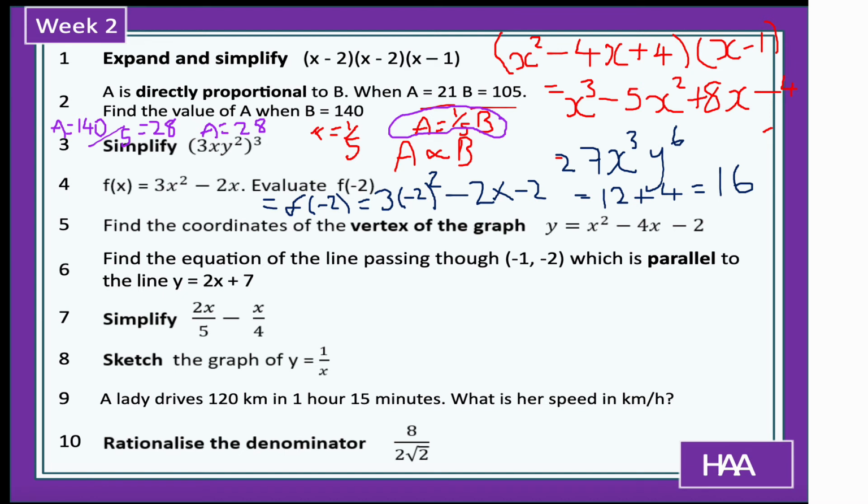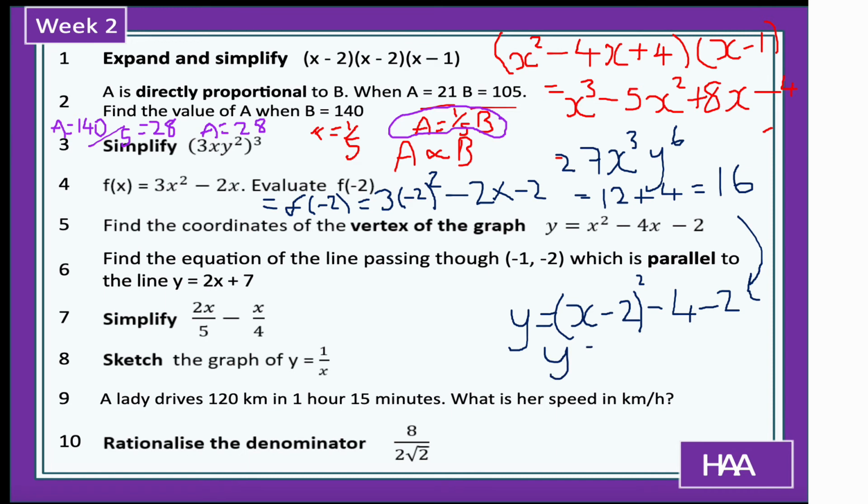This is question number 5. Write down the coordinates of the vertex of the graph y equals x squared minus 4x minus 2. Well, I've got to complete the square here, so let's just put it here and then we'll delete it afterwards. So completing the square, I'm going to have x minus half of this coefficient of x, all squared. Subtract the square of this, so minus 2 squared, which is minus 4, minus 2.